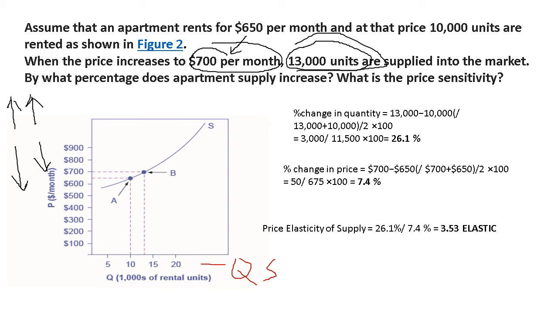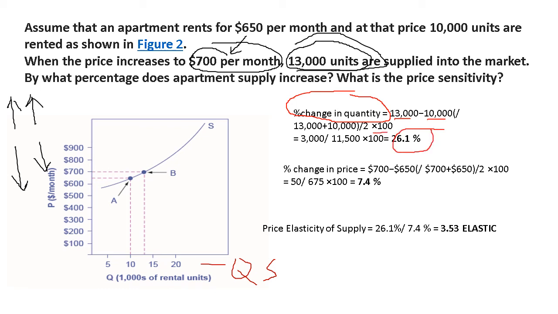Okay? So, we want to calculate again the price elasticity of this one. Again, we are going to use this formula. We want to get the percent change in quantity. So, 13,000 minus 10,000 over 13,000 plus 10,000 divided by 2, it gives us 26.